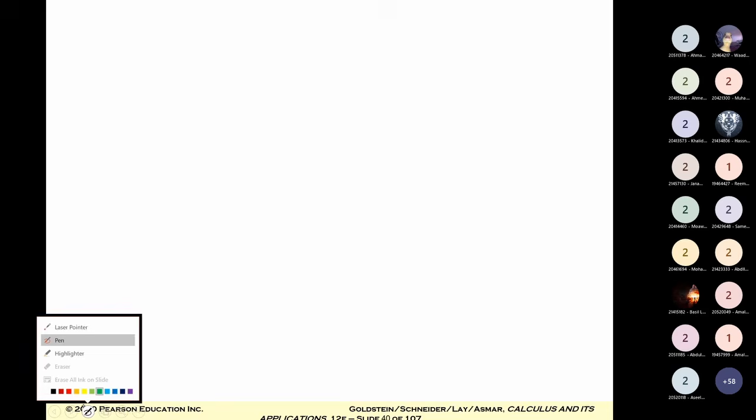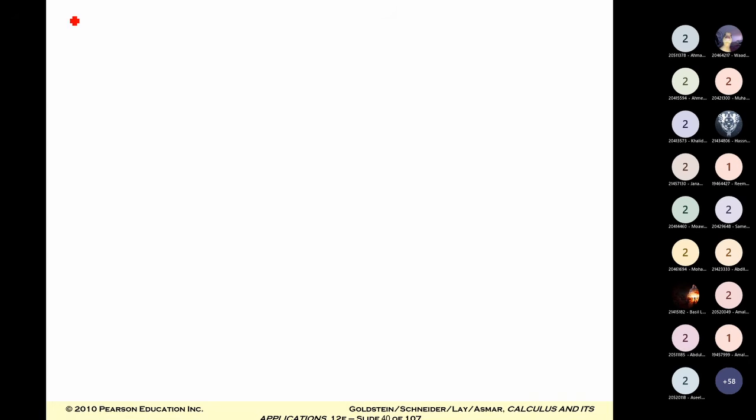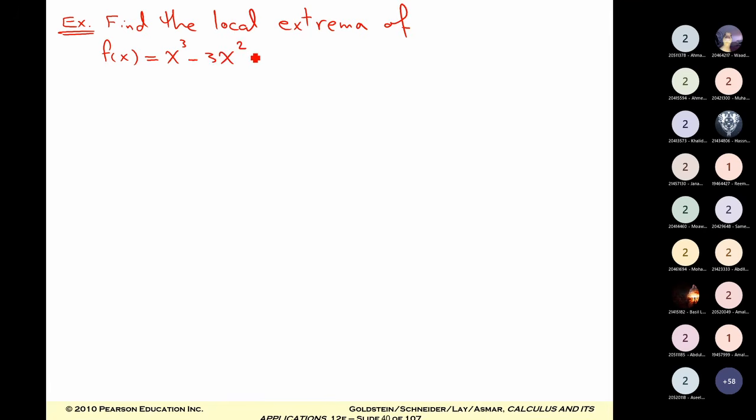Now, an example. Find the local extrema of f of x equals x to the power 3 minus 3x squared plus 2.